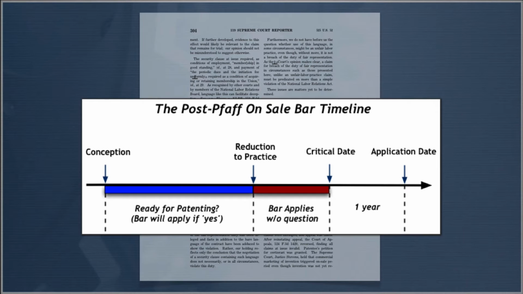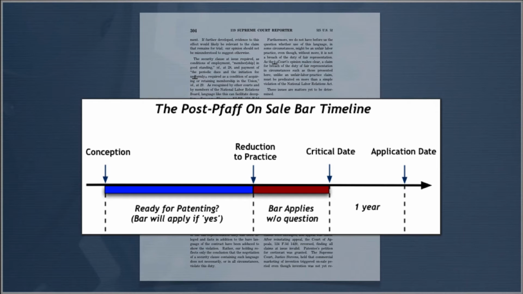And what Pfaff establishes is yet a third stage of development, which it calls ready for patenting, right? And the court in Pfaff says if it's ready for patenting, then any sales of the invention after it's ready for patenting will be a bar triggering event. All right? And so what is ready for patenting?